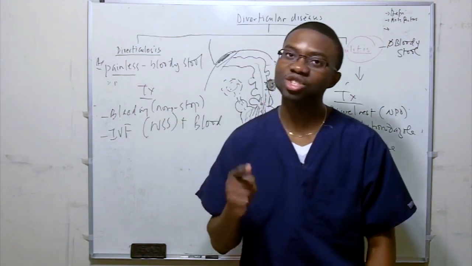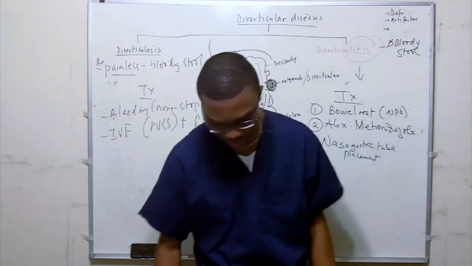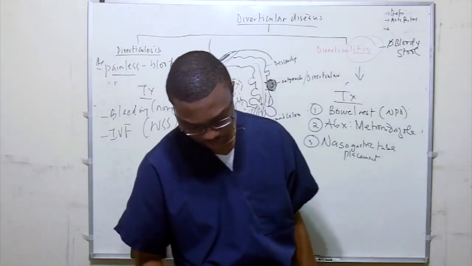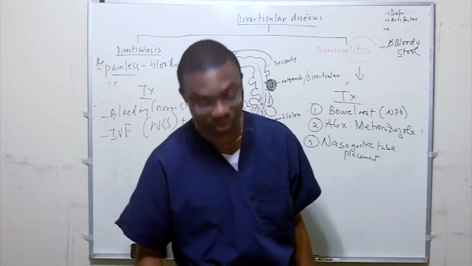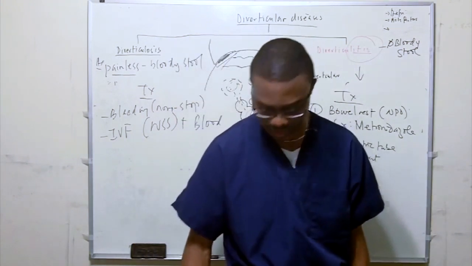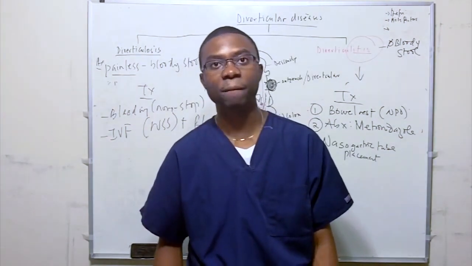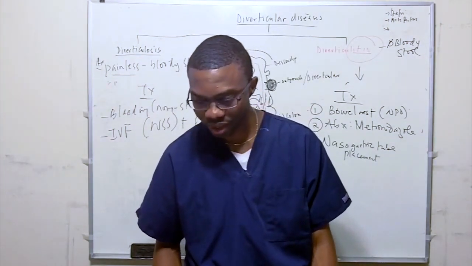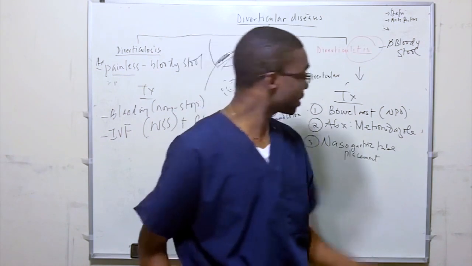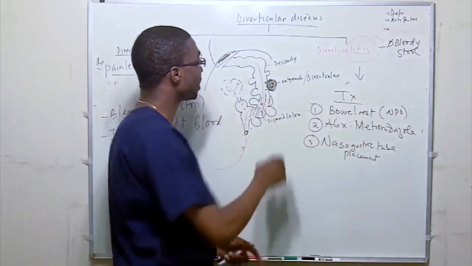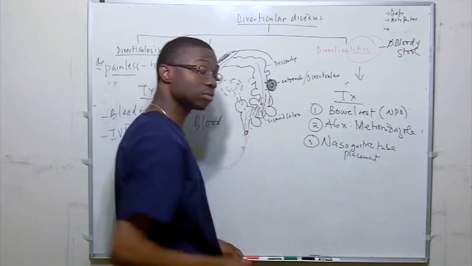That's a serious, serious problem. You're going to get sued for that. So you want to avoid flexible sigmoidoscopy. You want to avoid barium enema in the initial stages of diverticulitis. That is extremely important because perforation is an extremely big risk. Now, if this thing does perf though, right? Because it could.